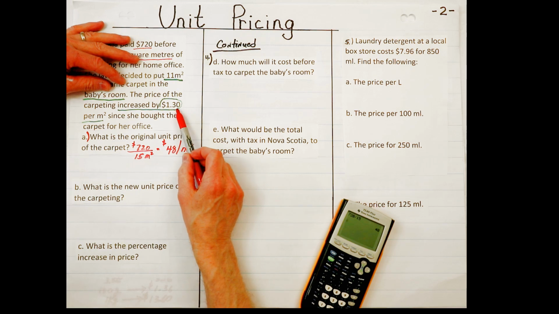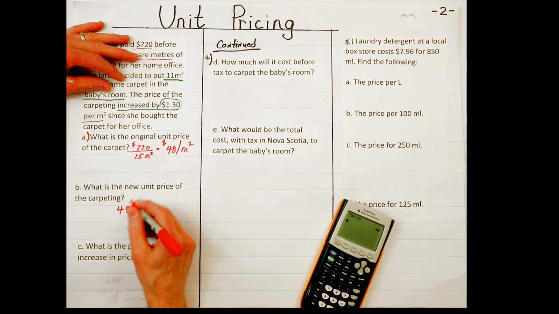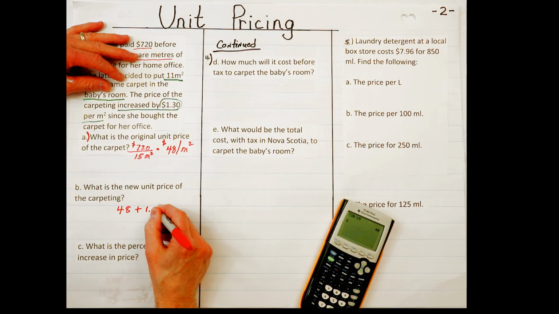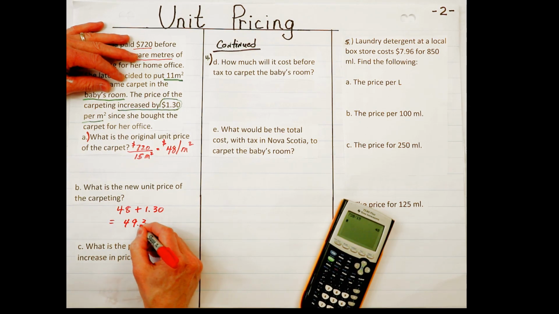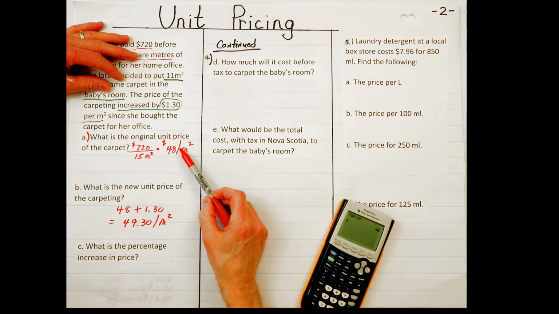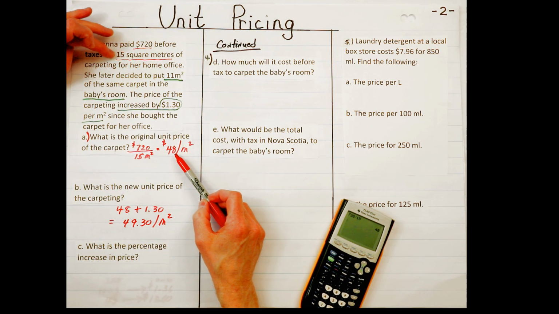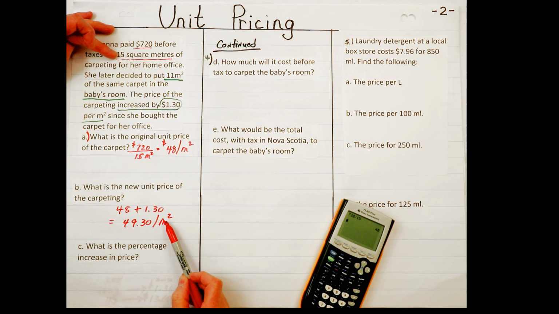So it goes up by $1.30 per square meter, and it's originally $48, so it'd be $48 per square meter plus $1.30. So that would be $49.30 per square meter. So she'd get the original price for her office. She's going to have to pay $49.30 per square meter for the baby's room.